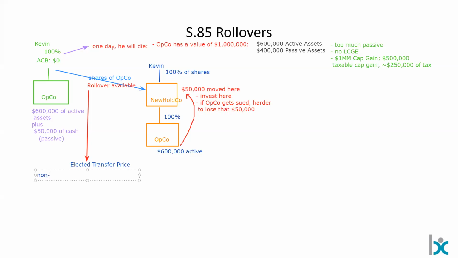And given that we're dealing here with a non-depreciable capital property, that price is going to be somewhere between a low end based on his ACB. The minimum price then would be 0, which is his ACB.